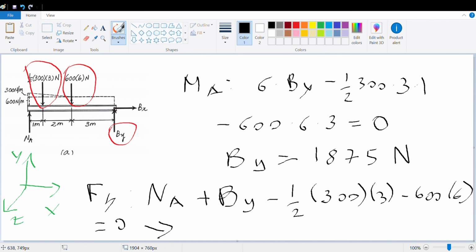If I solve this equation and I substitute the value of By that I found, I obtain that Na is equal to 2175 newtons.